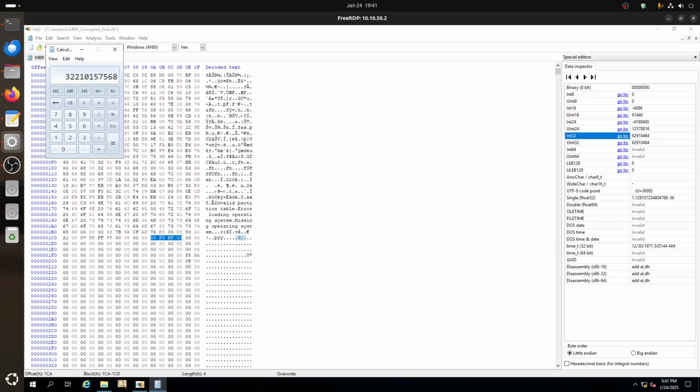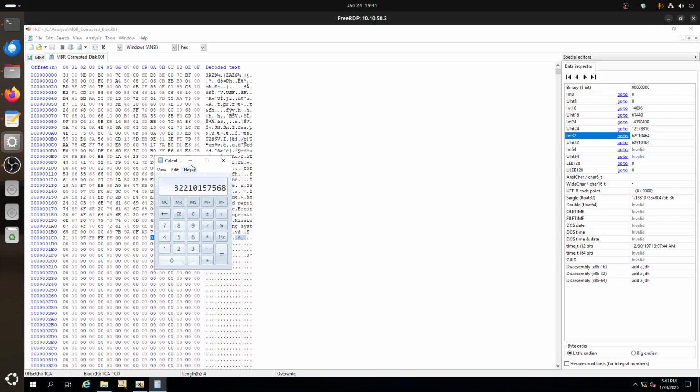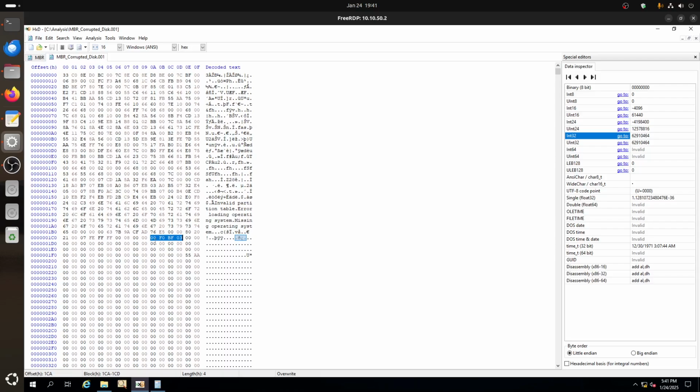Did we do something wrong here? Why am I not getting the... This is the four for the search, and then this is the one for the size.